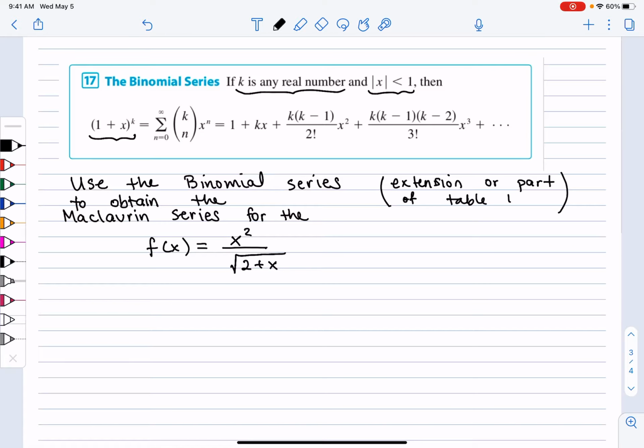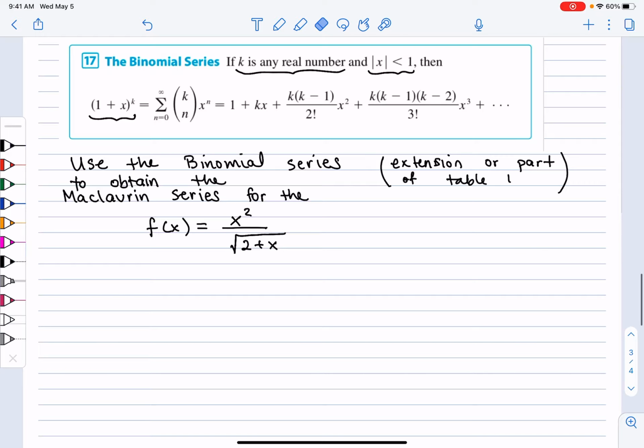Okay. So what we want to do first is somehow write 2 plus x as 1 plus something. So what we can do is we can write f of x. Let me write it down.